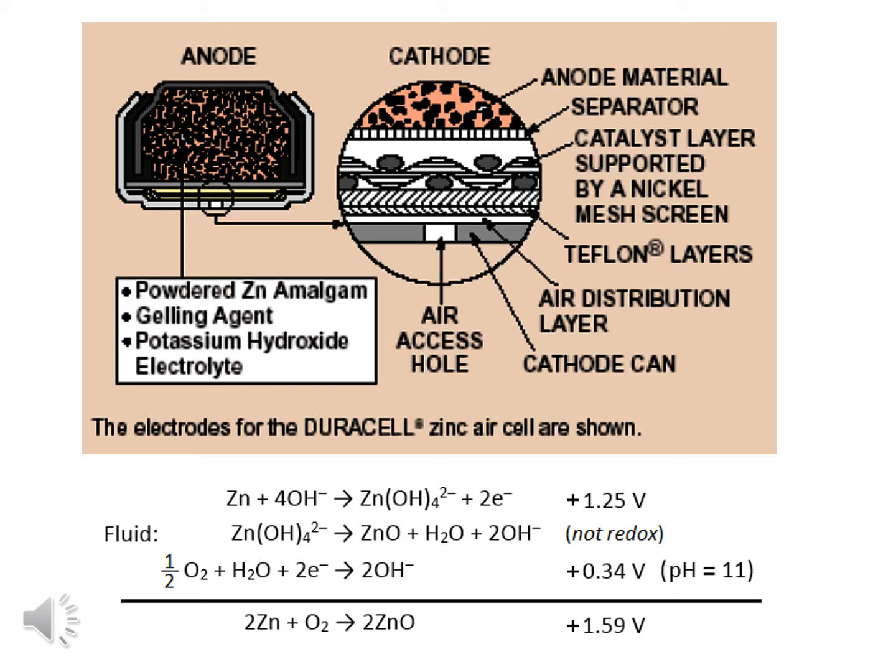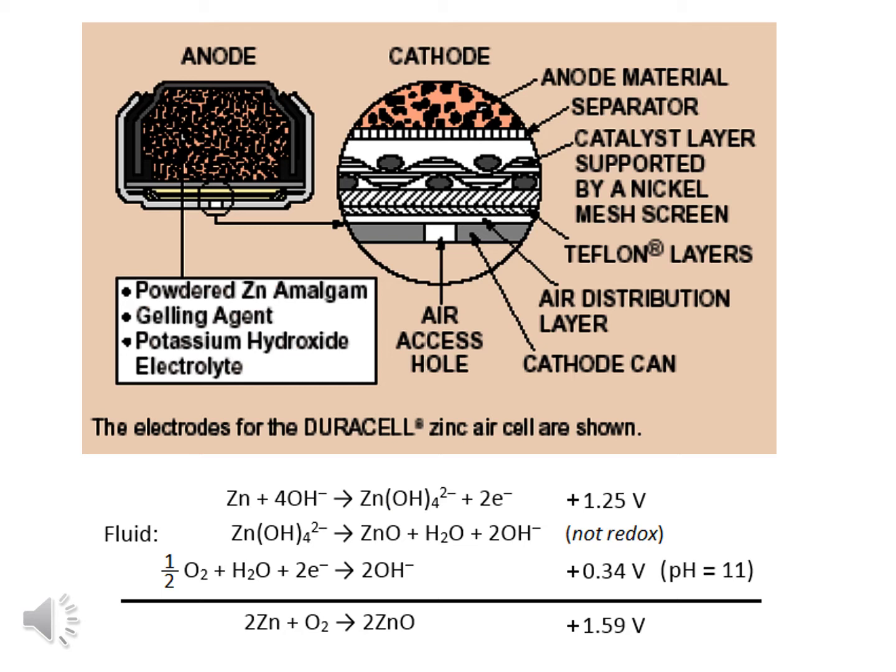You can see the kinds of things that they put in these batteries instead of a salt bridge. They have in this one a catalyst on a nickel screen. They have a separator between the two poles. These usually have little tiny holes in the membranes so that ions can move through the holes.